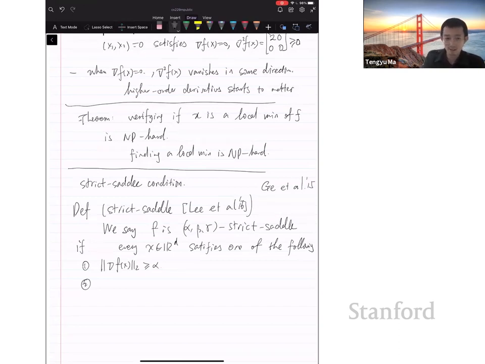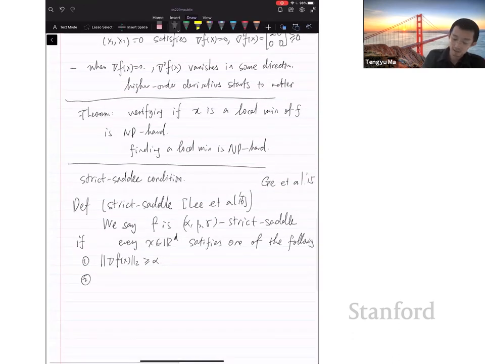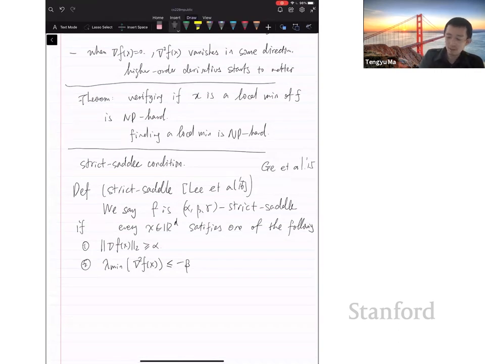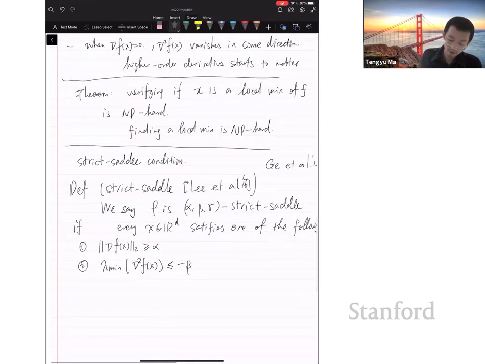And alpha, beta, gamma are positive numbers. The second thing is that the lambda min of the Hessian at x is less than minus beta. If you satisfy this, you cannot be a local minimum, right? Because your Hessian is not positive semi-definite. In some sense, you can think of alpha, beta, and gamma as something super small or even close to 0. We just require them to be strictly bigger than 0 for technical purposes.